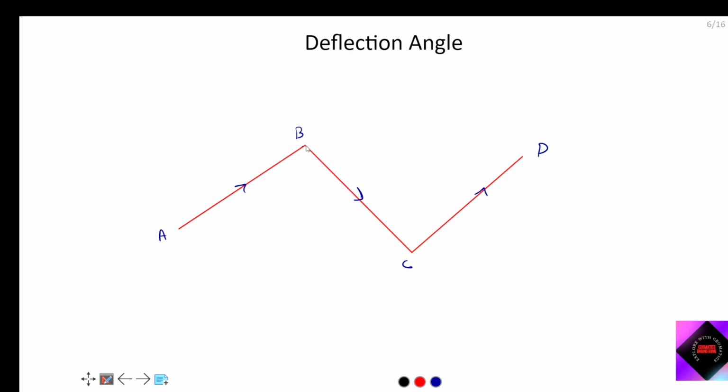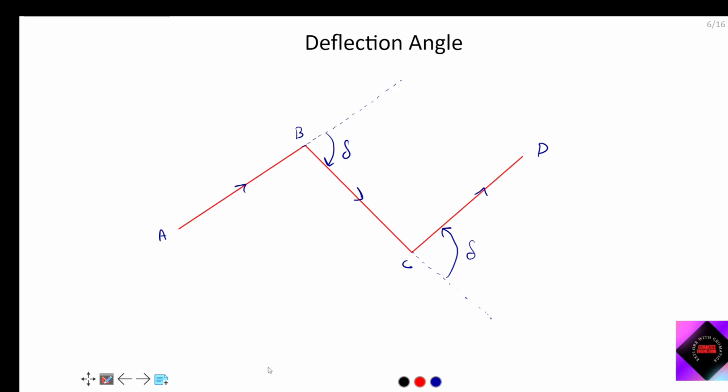To measure this, we extend this line, and then we measure this angle, and this is our deflection. So the deflection angle shows how much the next line is deflected from the previous line. For example, from B to C and then C to D, extend this line. This much is your deflection angle.